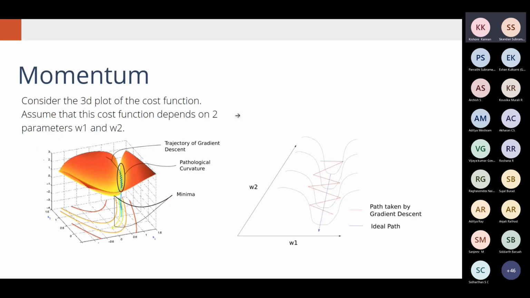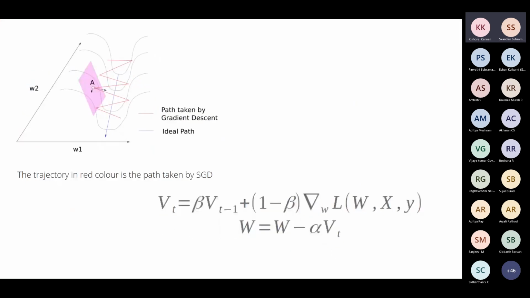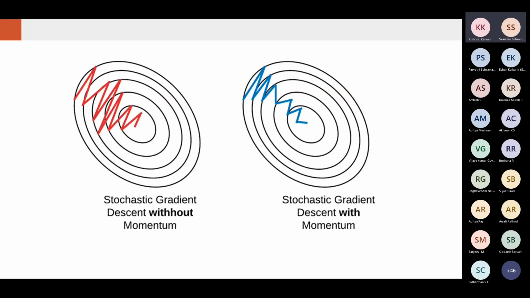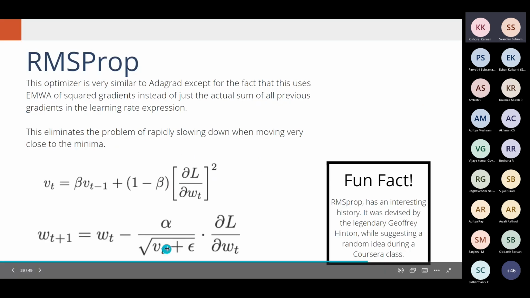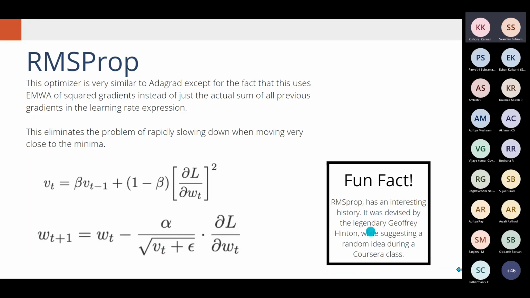We use almost the same formula in RMSprop, with a slight change. Instead of v_t, there in Adagrad you saw s_t. And that is the only difference between RMSprop and Adagrad.